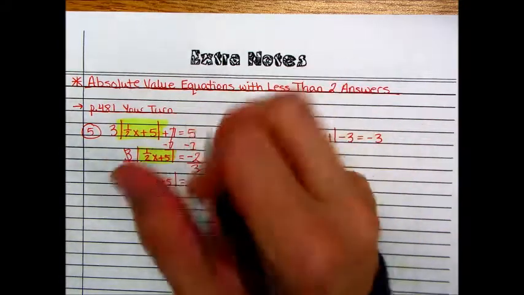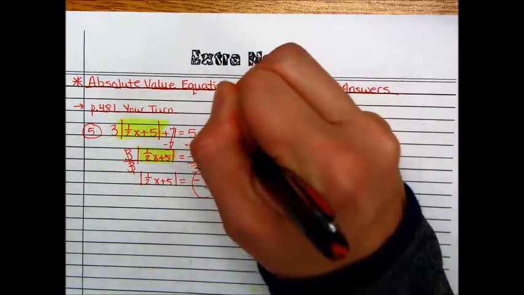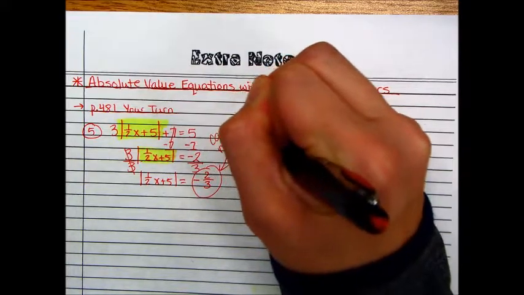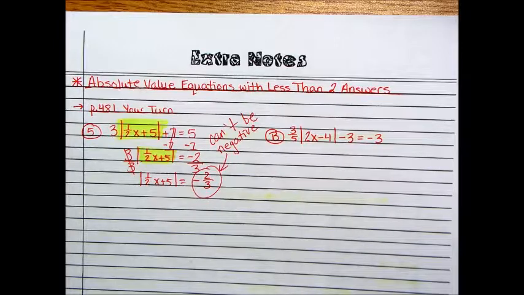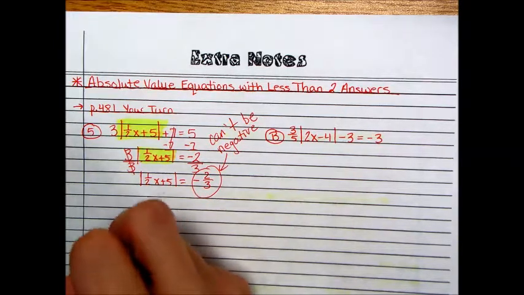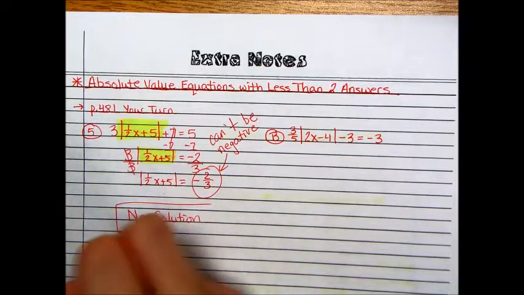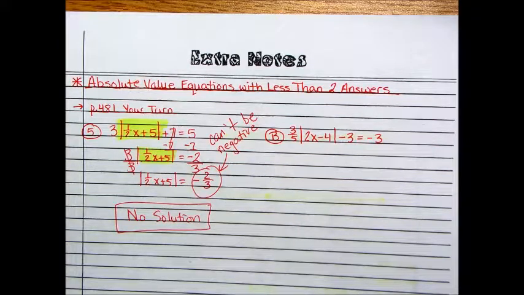Circle this and make it clear. This can't be negative. You can't take the absolute value of something and get a negative answer. It's impossible. So this is the time where you would write no solution. The absolute value cannot come out as a negative. Impossible.